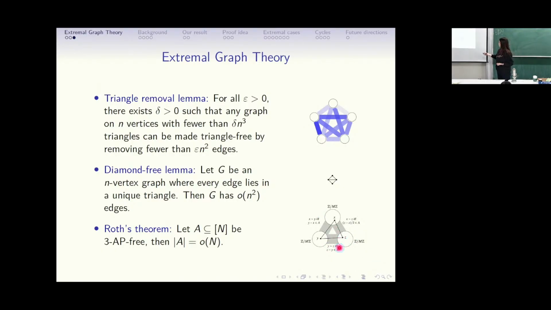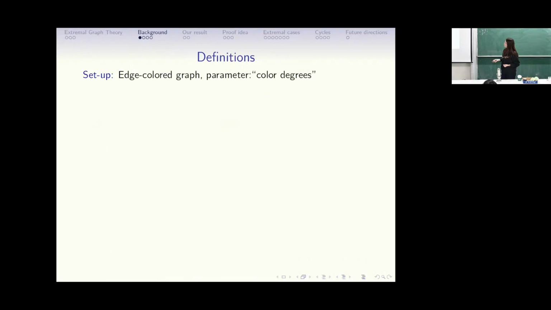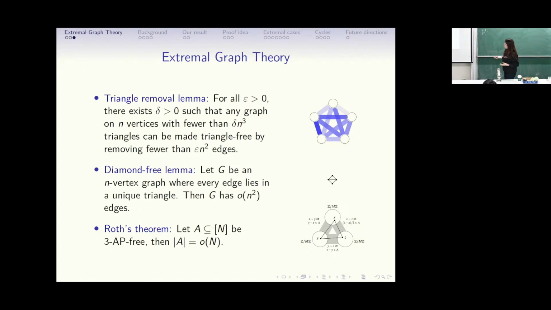Well, each edge would be in a trivial triangle, meaning that x can show up in A and x, x, x could be a trivial three-term AP. And so this is a taste of this area.